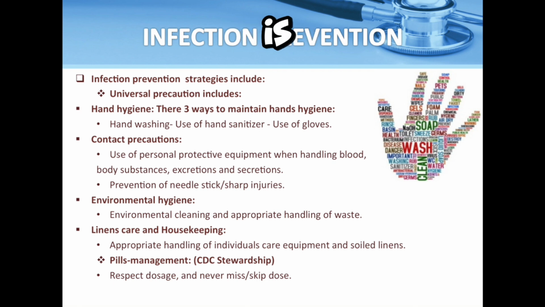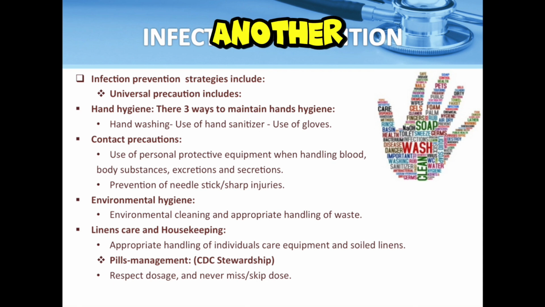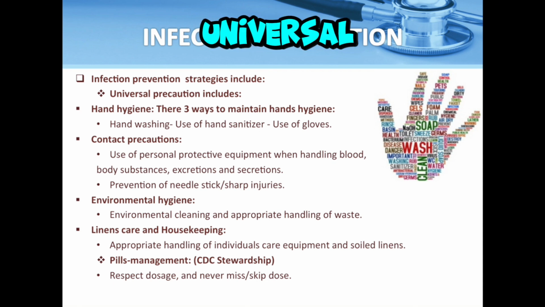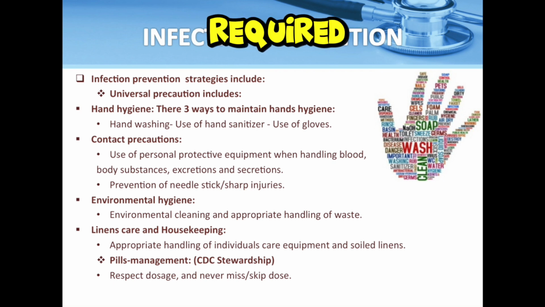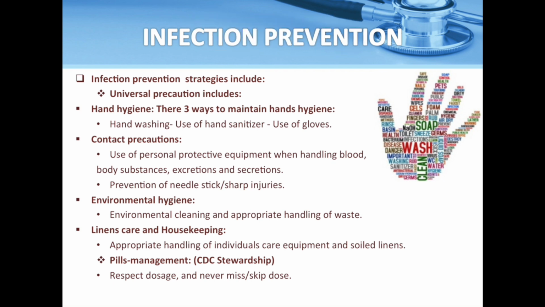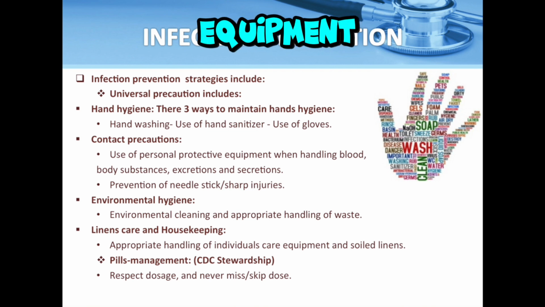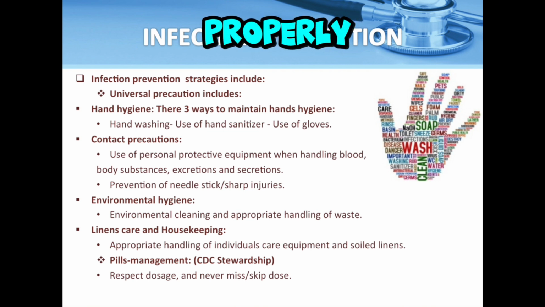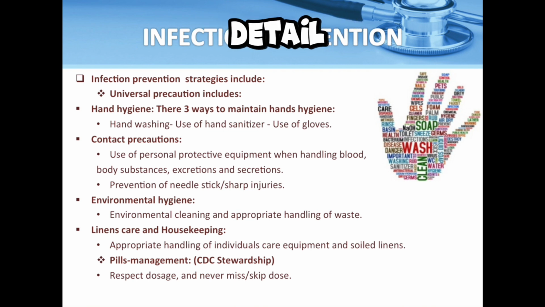Linen care is another part of universal precaution, and it requires that we handle the individual's care equipment and soiled linen properly. I will go through the details as we go on.